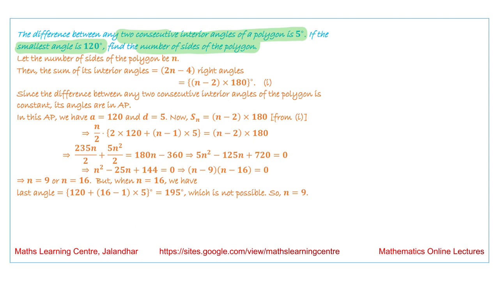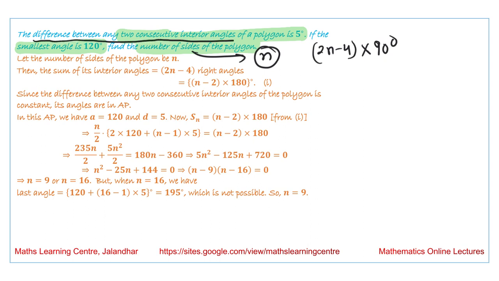Suppose the number of sides is n, and the sum of the interior angles we know is (2n minus 4) into 90 degrees. It is given that the difference between consecutive interior angles is 5 degrees, so it forms an AP with common difference d equal to 5 degrees and the smallest angle a equal to 120 degrees.